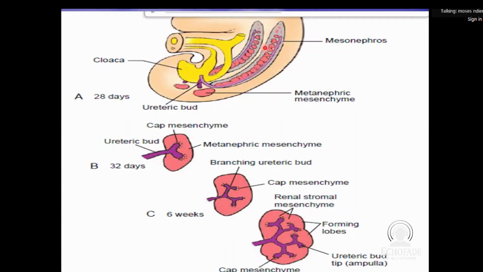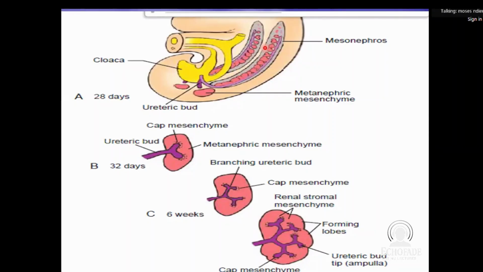And in the cervical region, we have condensation of the mesenchyme tissue that we refer to as the nephrotome, extending all the way to the sacral region. Within the cervical region, we have cellular condensations that we refer to as the pronephros.